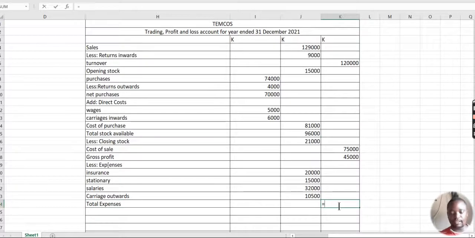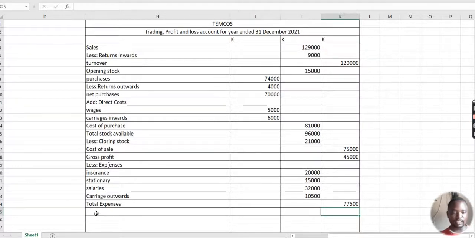So it will be equals this plus this plus this plus this, giving us 77,500. Automatically, this business made loss because the expenses are higher than the gross profit.